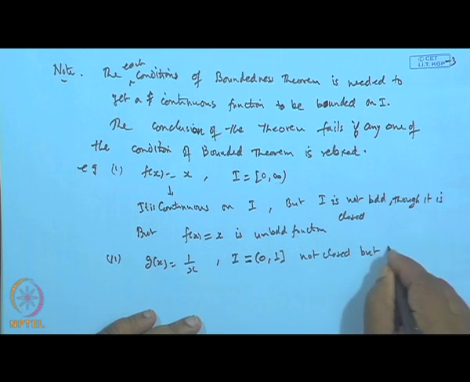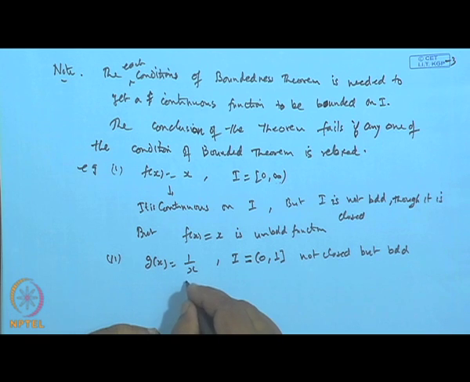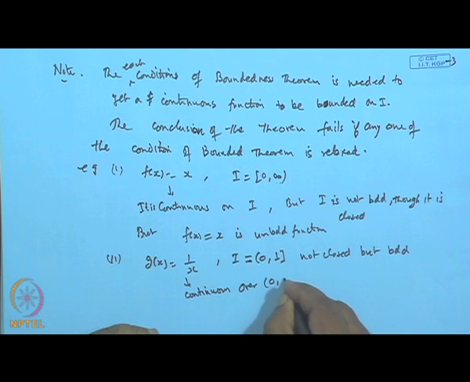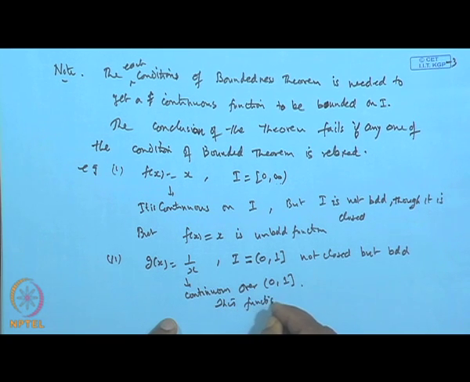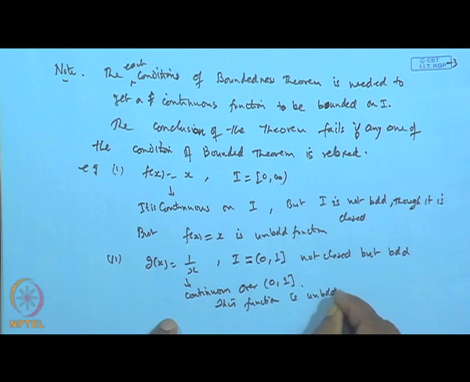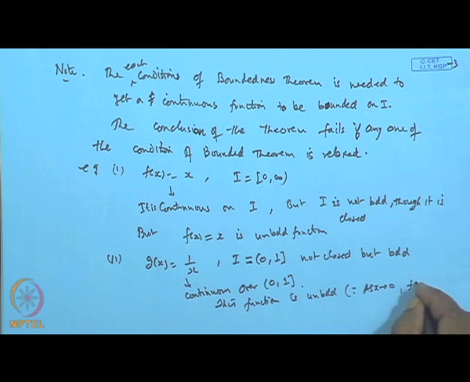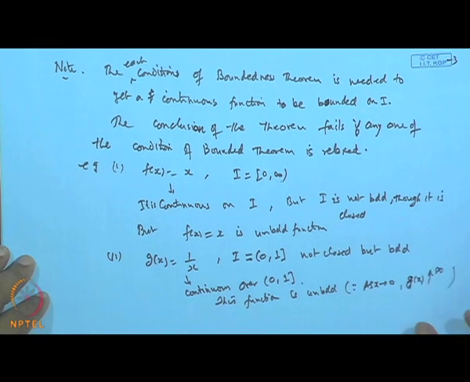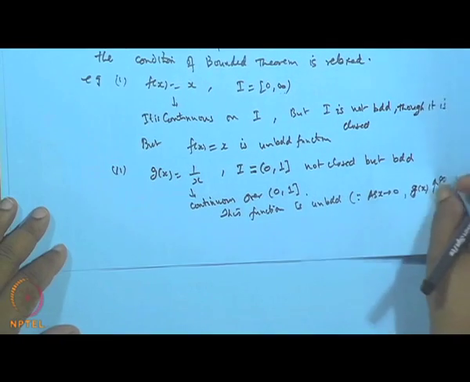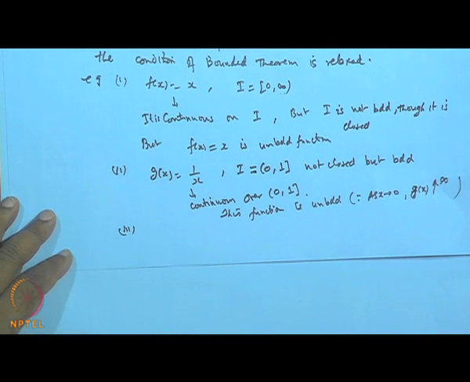The function is continuous over the interval, because 0 is not included, but we have seen this function is also unbounded, because as x tends to 0, the function g(x) will go to infinity. So again, relaxing the condition does not help; the conclusion fails.